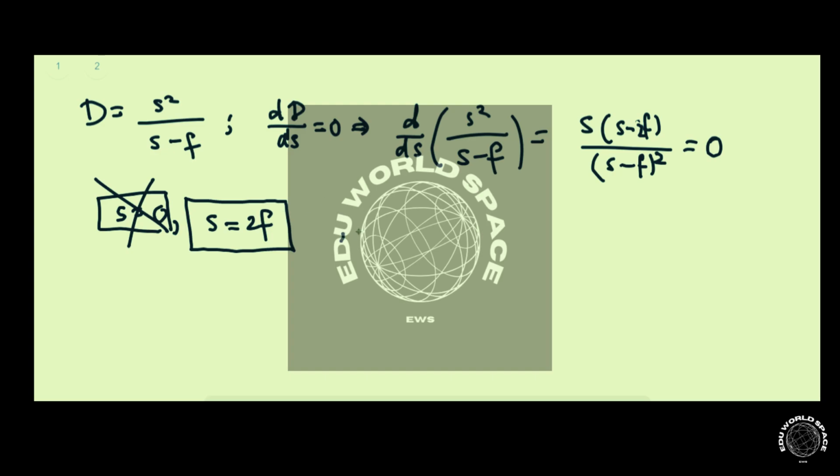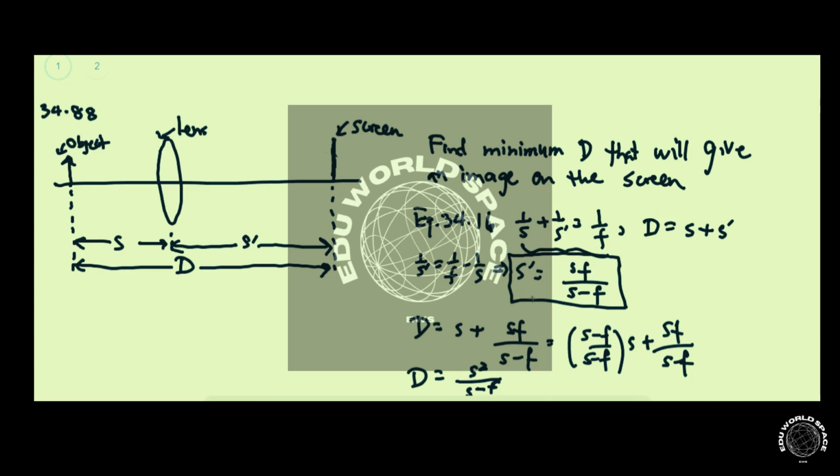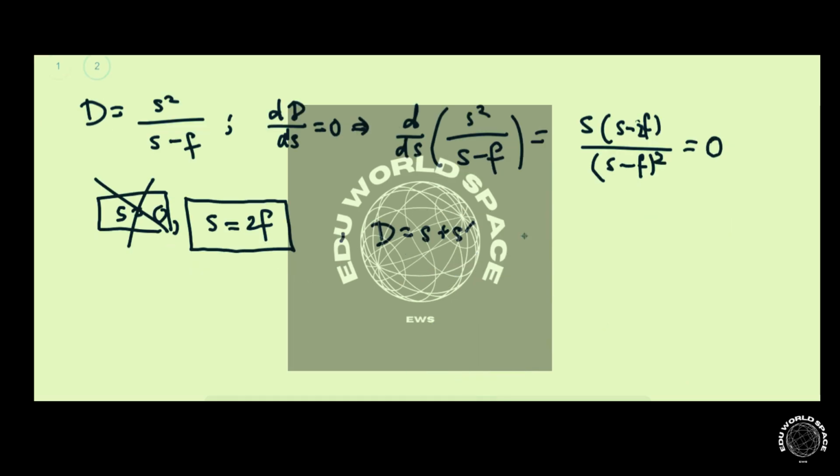Okay, so now remember that d is equal to s plus s prime. Well, we know s, but we don't know s prime. But recall before we had found this expression for s prime. s prime is sf over s minus f.